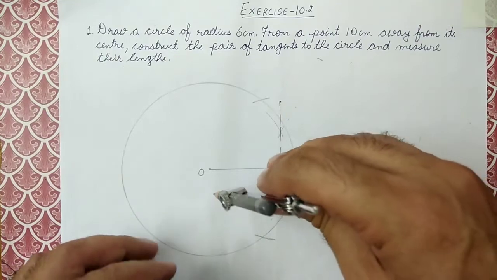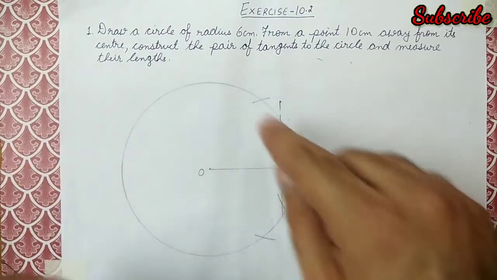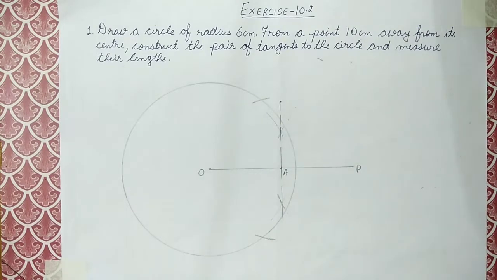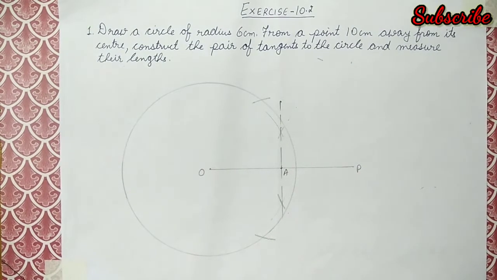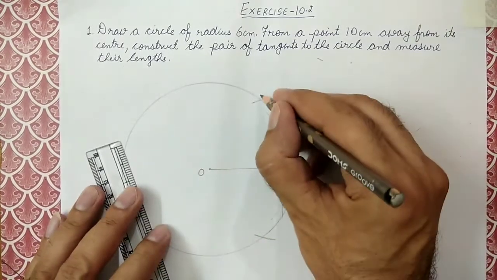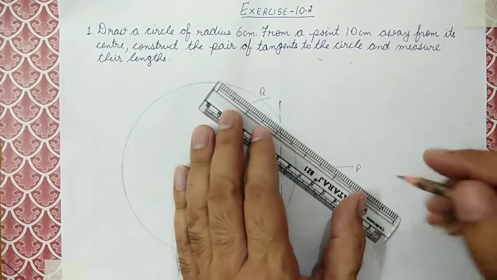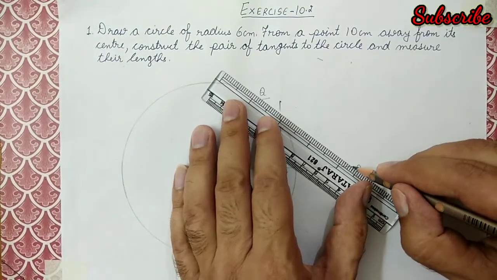If you see in the book, it is given you have to draw a complete circle, but I think that is not required. The main thing is we need 2 points, right? Why? To make the tangents. So now we just name them Q and R, and then we join them.